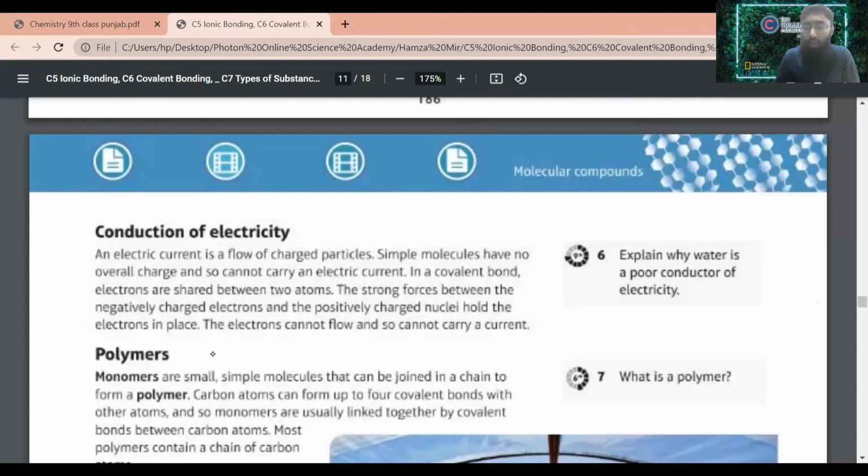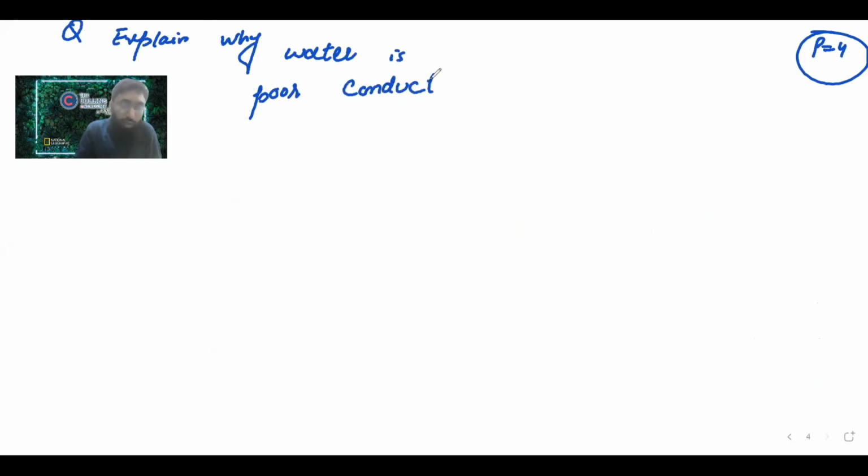Let me show you the question once again: explain why water is a poor conductor of electricity.